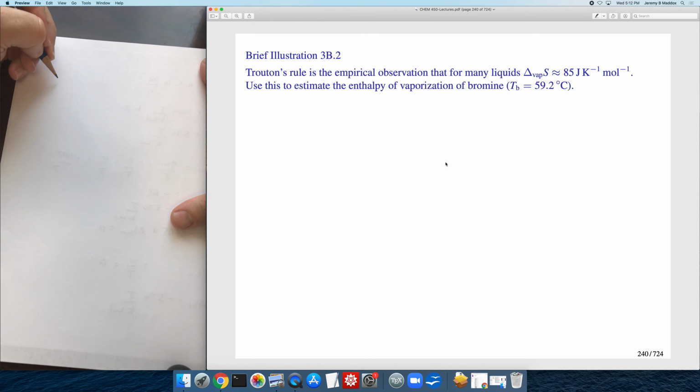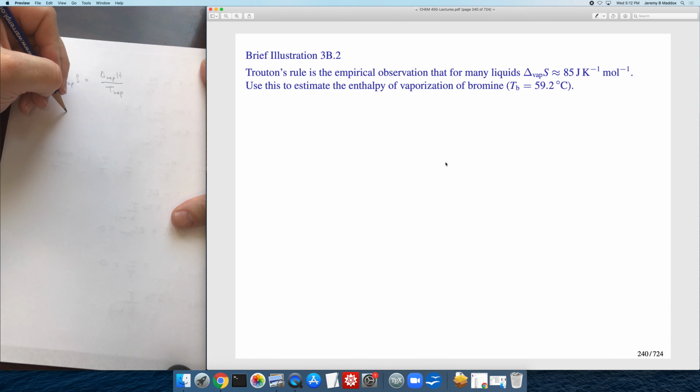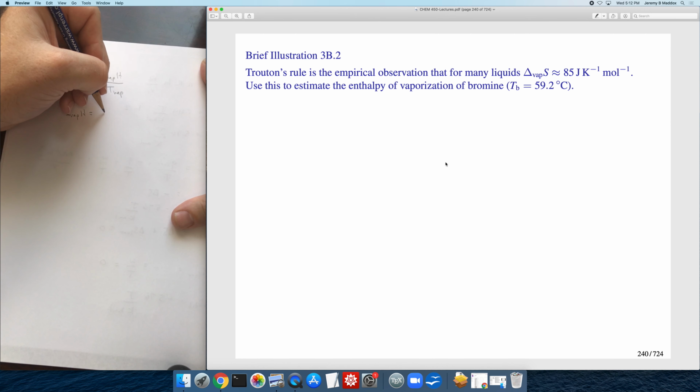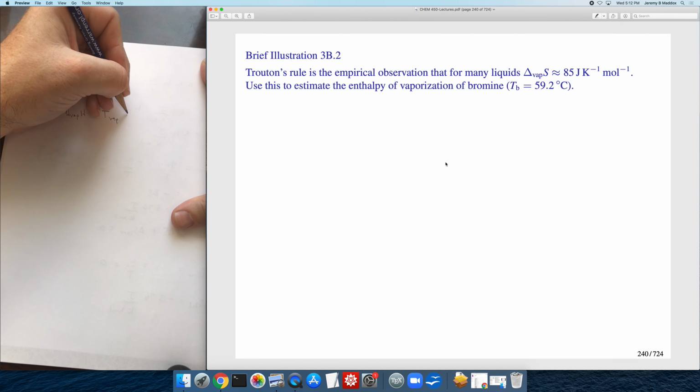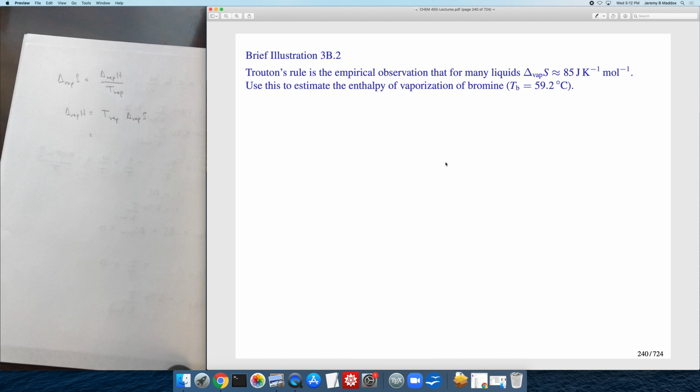So we'll take the formula for calculating the entropy of vaporization, and we'll rearrange it and solve for the enthalpy of vaporization. We need to evaluate the boiling point in units of Kelvin.